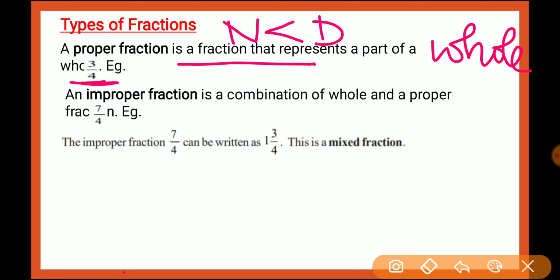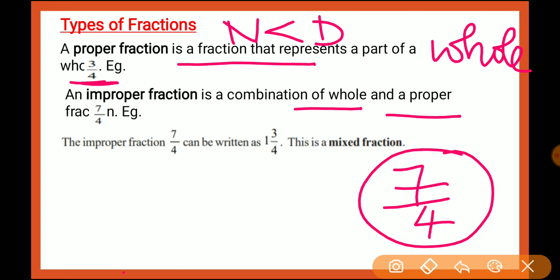Simple. Now improper fraction, you can say, is a combination of whole and a proper fraction. How you can say? Suppose you have a number like 7 by 4. Simply, you can write 7 by 4 as 1 3 by 4.